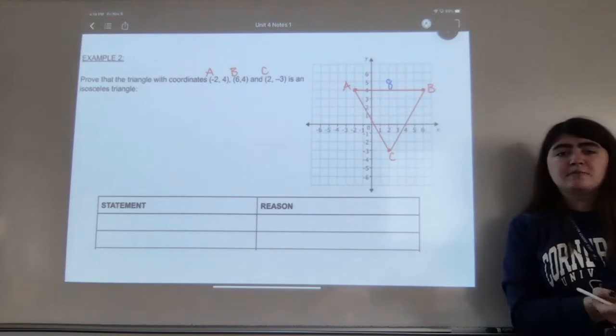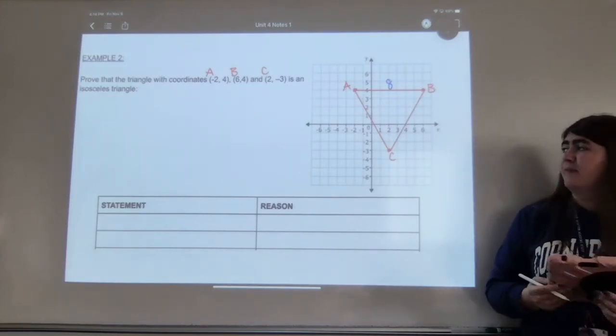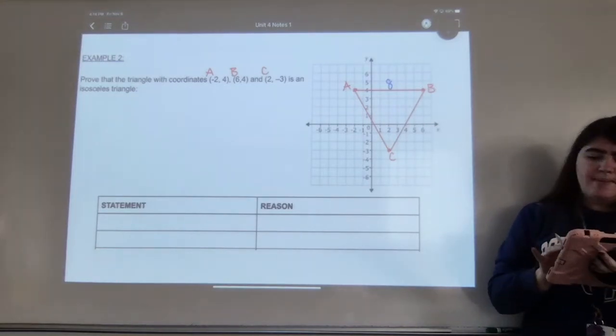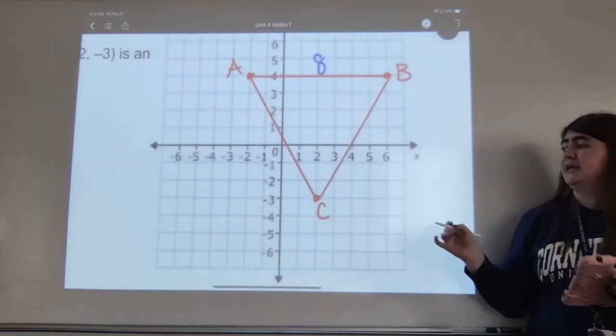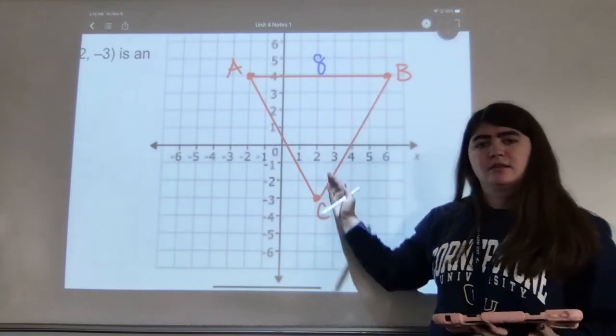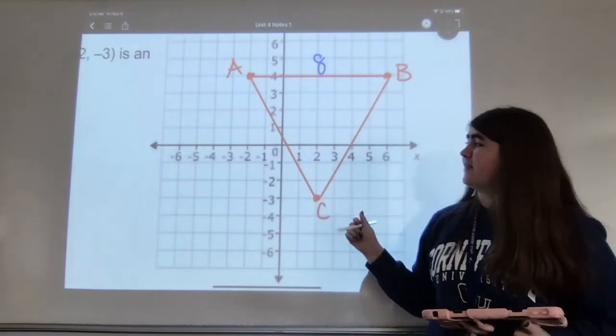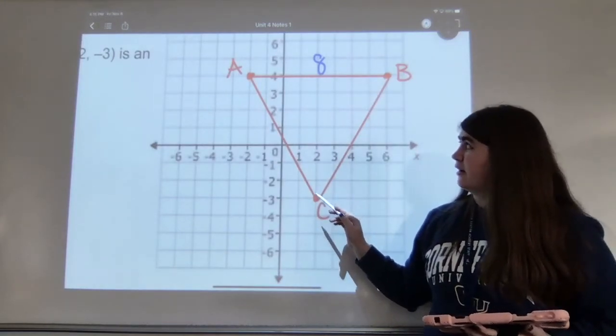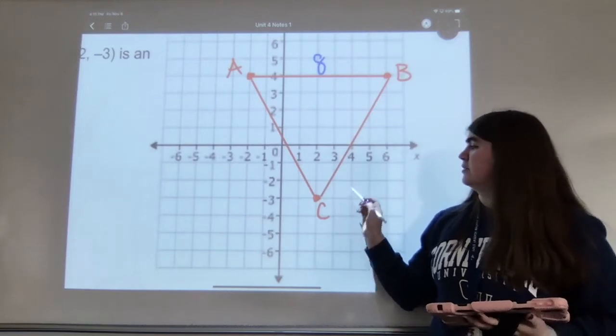And I'm going to do this by showing a little bit of algebra as well. I'm going to zoom in here and we're going to again create a right triangle so that the hypotenuse is what's left, and we're going to find the length of AC and of BC.